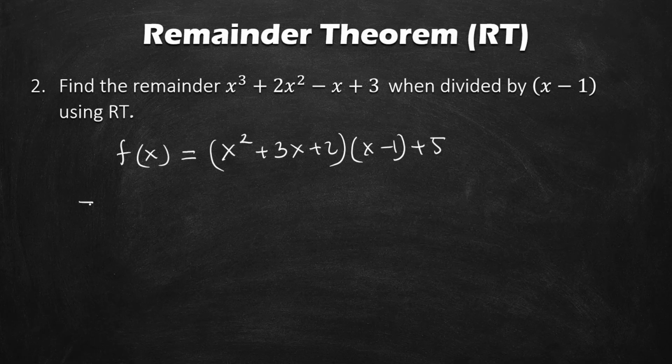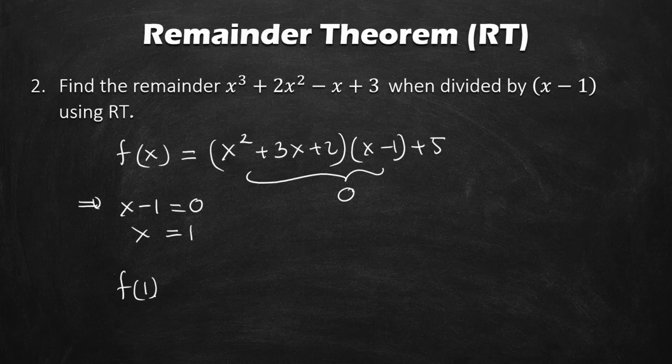To find the remainder, you can see here that this one I can set to 0. So it means that x - 1 will be equals to 0, or x equals to 1. So that when I substitute x equals to 1 into the function, we will get 5 as remainder.